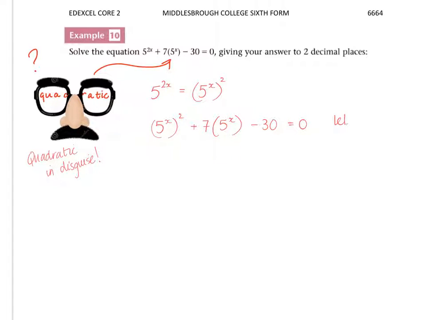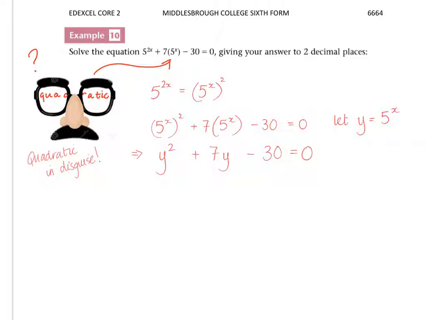And if I say to you, let y equal 5 to the x, then this turns into a quadratic, y squared plus 7y minus 30 equals 0. Can you see why I've said that that's a quadratic in disguise? So you wouldn't think about it in terms of the 5 to the x, but it takes us now on to solve a quadratic, and hence we can find x.